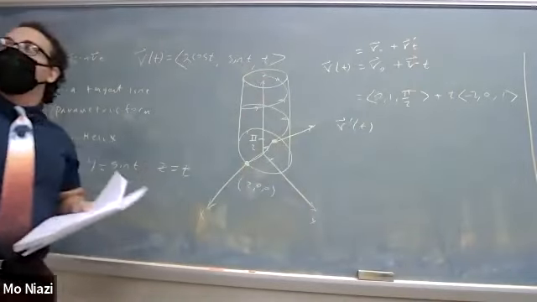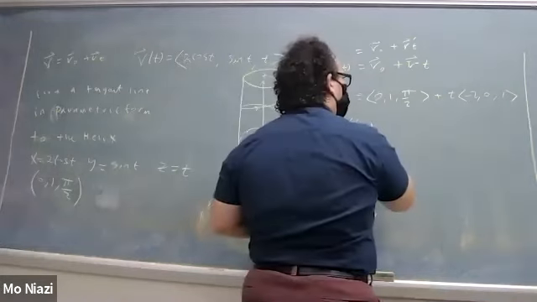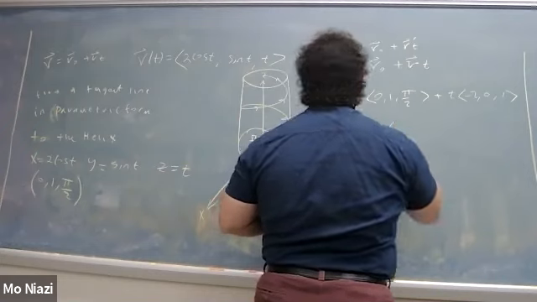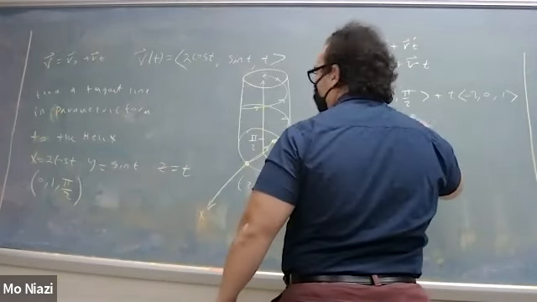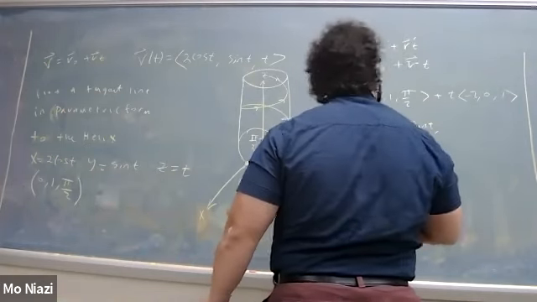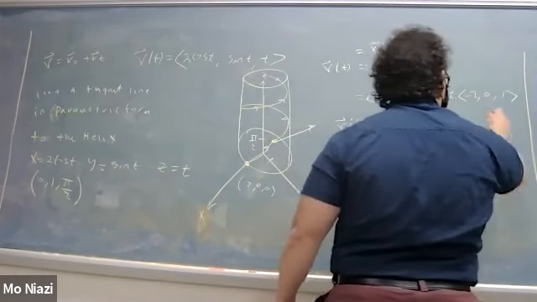You know what I'm saying? So now, actually, we can evaluate r prime of t. First, we can discover what it is in general, right? So derivative of cosine is negative sine. Derivative of sine is cosine. Derivative of t is 1.